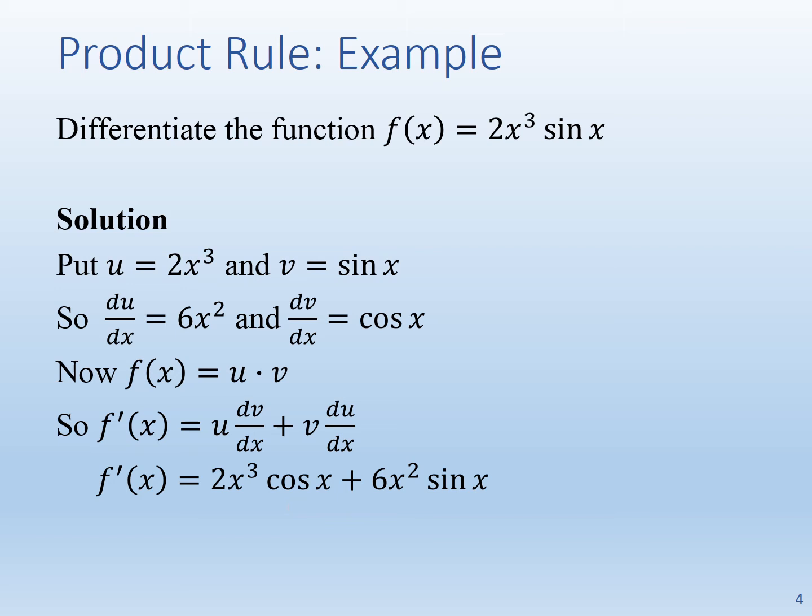And to that we add the v, which is of course the sine x, and we multiply that by the derivative of the first function, which is our 6x squared. And that's as far as we can go with that.